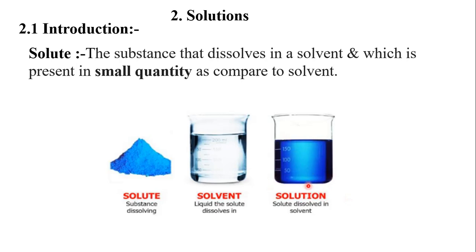Now if you take this copper sulfate solution, it contains water molecules and particles of copper sulfate. So the composition is uniform and particle size is very small. You cannot separate the particles of water and copper sulfate by your naked eyes, and therefore it is a homogeneous mixture.